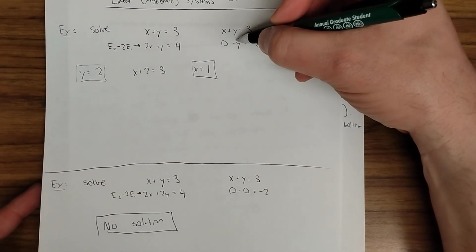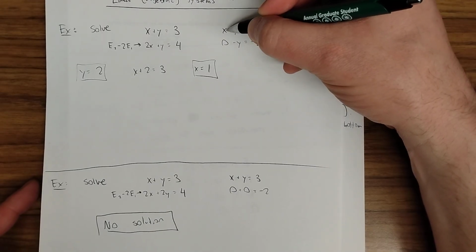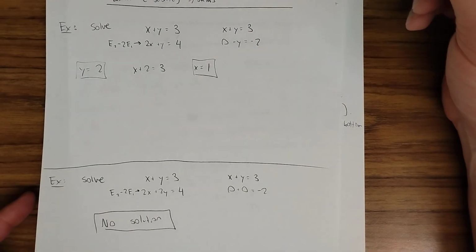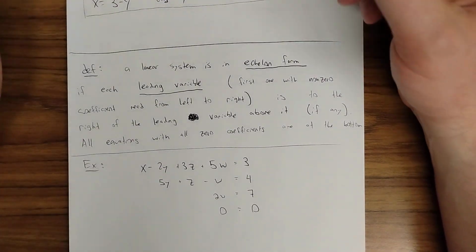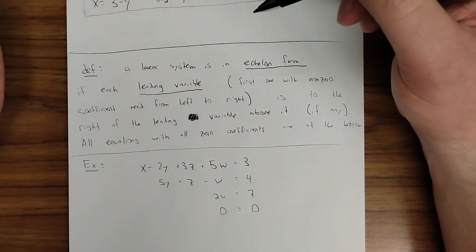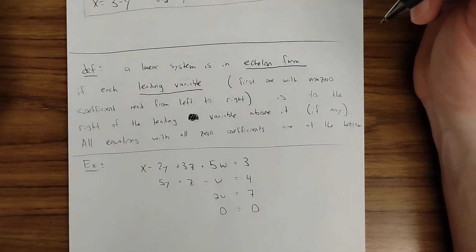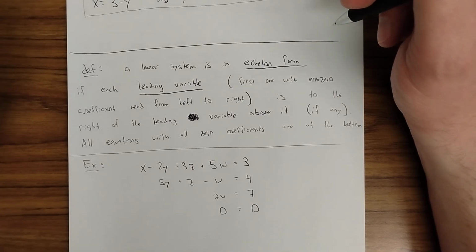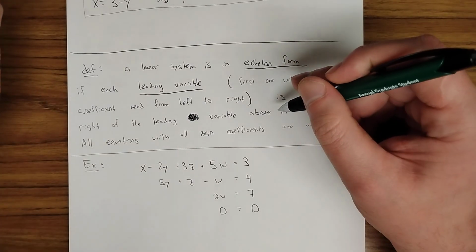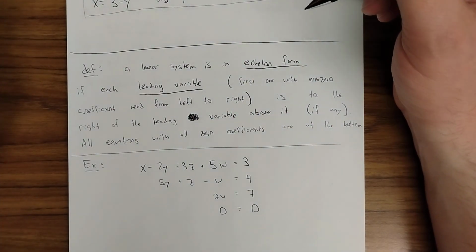I would say that y is the leading variable in this one, x is the leading variable in this one. And so we say it's in echelon form if each leading variable is to the right of the leading variable in the row above what we're looking at. Unless we're at the very top, and then there is no row above. So there's no requirement for the very top.